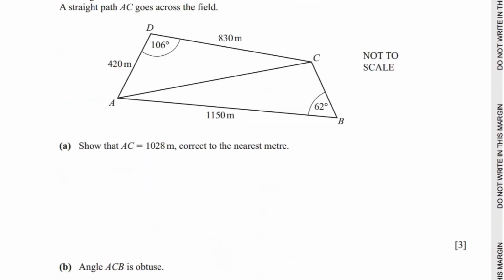For the area of a non-right-angled triangle, the formula we use is 1/2 ab sine of angle C. For this formula, we need two lengths and the angle between them, same as the cosine rule, and we have that.